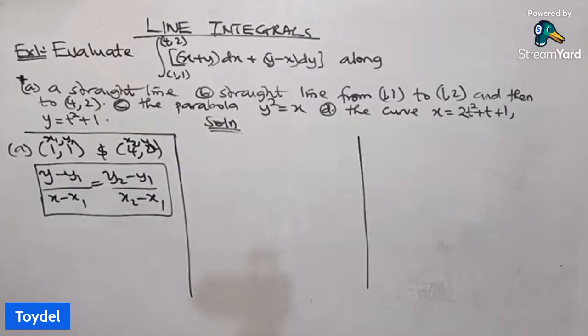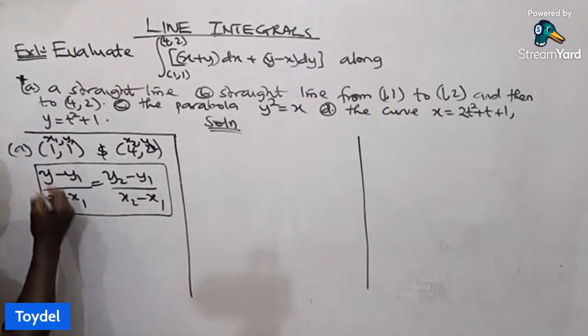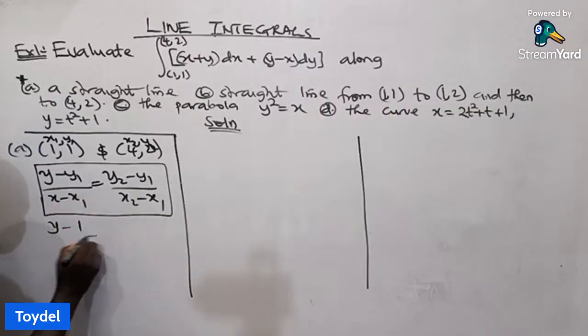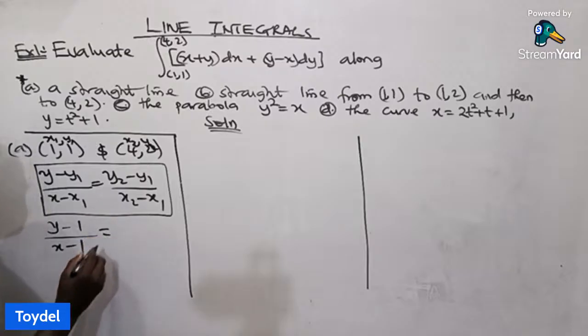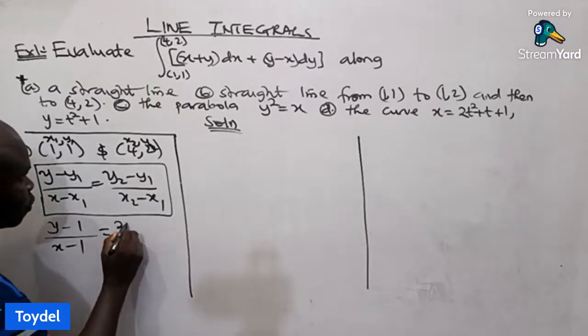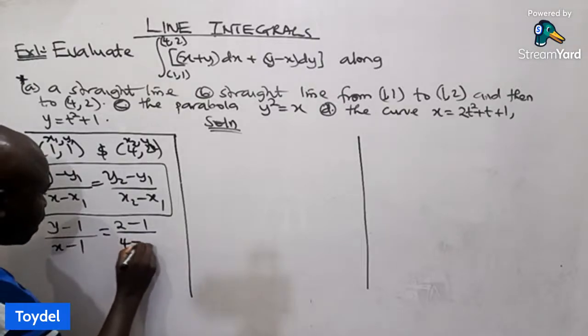And since this will be the equation of a straight line, from there now we substitute for the values of x1, y1, x2, y2. y minus y1, which is 1, all over x minus x1, which is also 1, is equal to y2, which is 2, minus 1, all over x2, which is 4, minus 1.